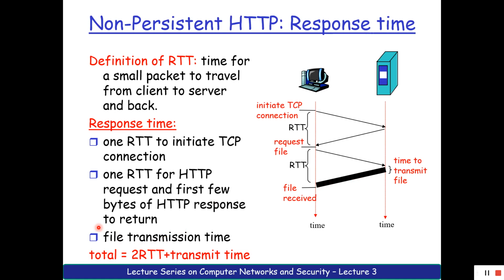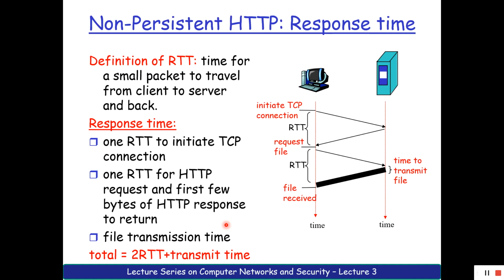So totally, if I am trying to use non-persistent HTTP, my total response time will be 2 times the RTT plus the transmit time, and this much time is required to transport a single object.